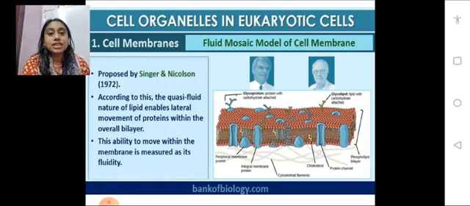Like how icebergs float in the ocean, in the same way the large globular protein molecules also float in the ocean of lipid molecules. The ability of movement of these lipid molecules is the fluidity of the plasma membrane. The fluidity of every plasma membrane is not the same, and we can increase and decrease it also. In coming classes of biology we'll come to know, right?